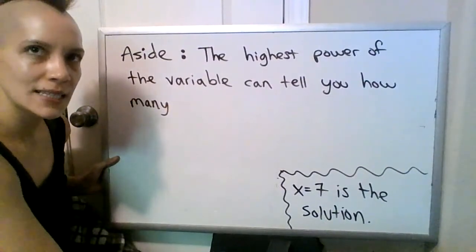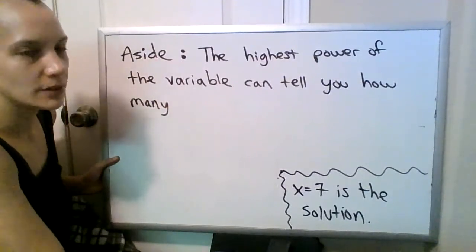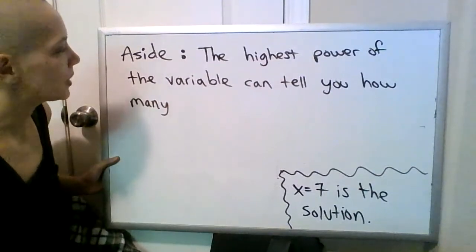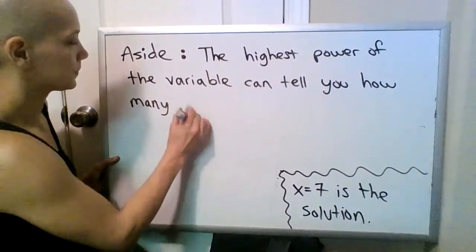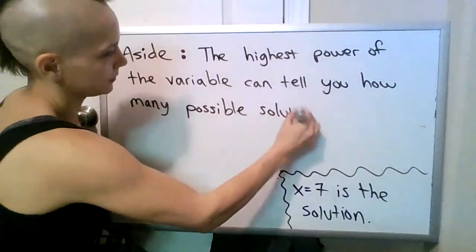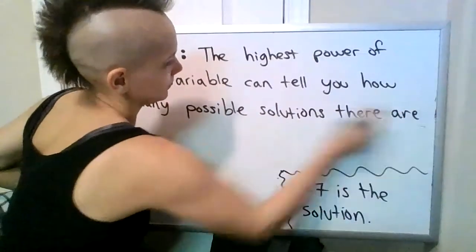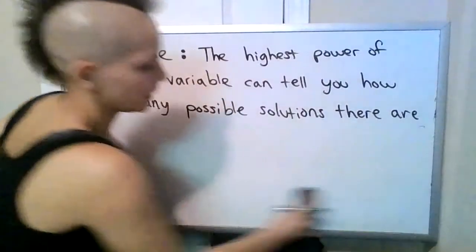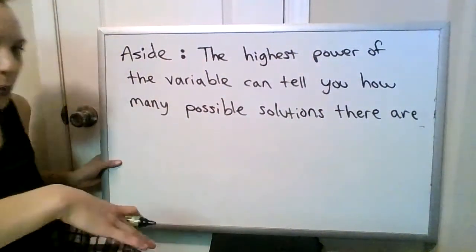I don't know if it guarantees that there are that many solutions, but there are less than or equal to that many solutions. So let's say this power of the variable can tell you how many possible solutions there are. I'm going to explain it with a few examples, but then let's get back to doing homework problems.